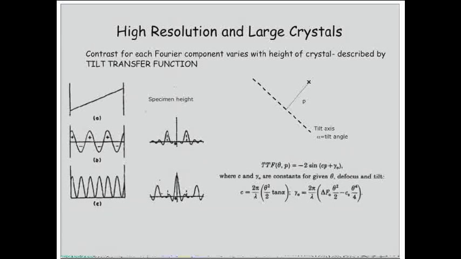So the tilt transfer function can be worked out, and here it is described. If we have a point of interest, we can measure its distance from the tilt axis, and we can describe how the contrast varies using this tilt transfer function.